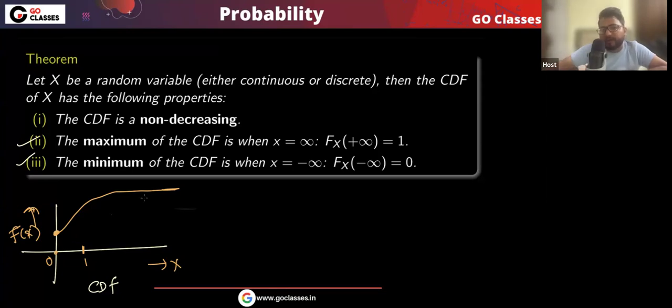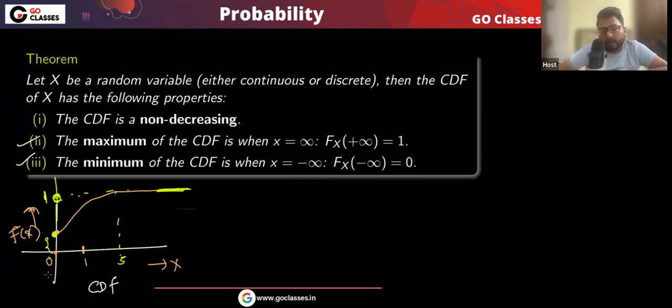It seems valid. Let's just check. It is non-decreasing, yes. The highest is 1, let's suppose at x equal to 5, and then it remains 1. But interestingly, the minimum value is not 0 here. Let's suppose it starts from here, the minimum value is something. Is this possible? No, right?